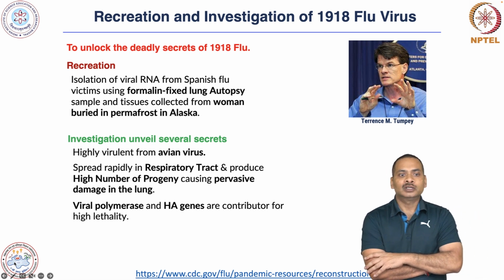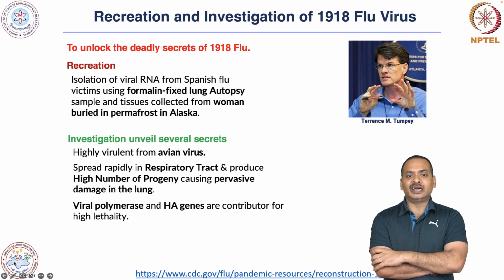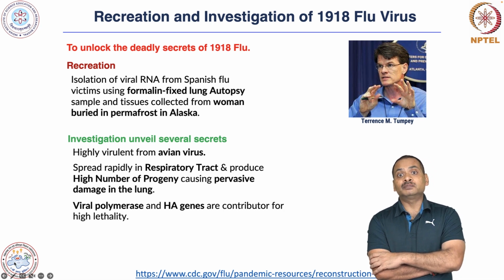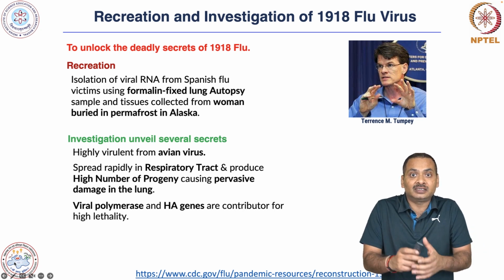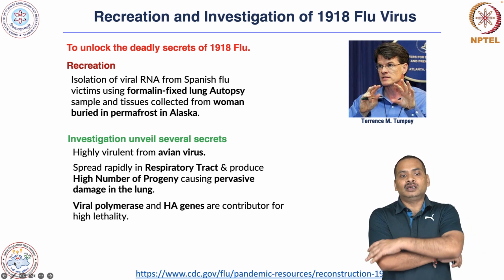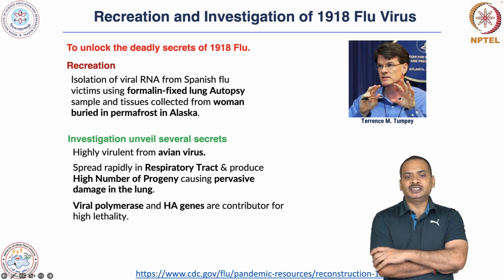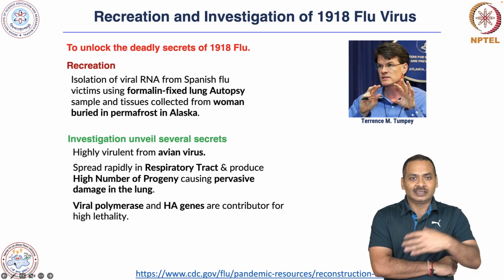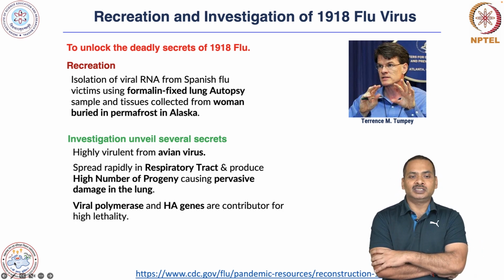It spread rapidly in the respiratory tract and produced a high number of progeny, causing pervasive damage to the lung, a massive damage in the lung. Viral polymerase and the HA gene are contributors for high lethality. That is the key factor which caused so much death.